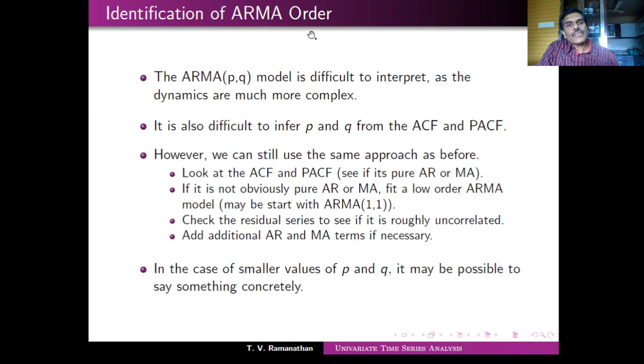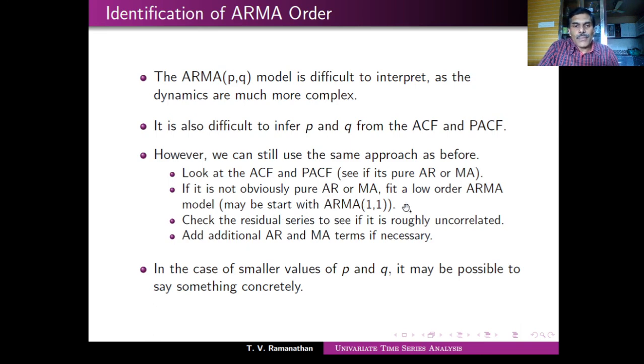So identification of ARMA order is generally done as follows. The ARMA(p,q) model is difficult to interpret, as the dynamics are much more complex, so it is difficult to infer p and q from the ACF and PACF. However, we can still use the same approach as before. That means we look at the ACF and PACF. If it is a pure AR or MA, it is fine. If it is obviously not pure AR or MA, fit a lower-order ARMA model.